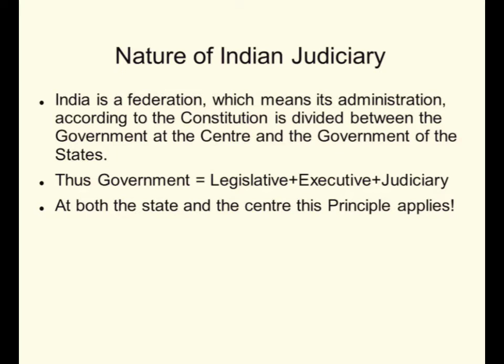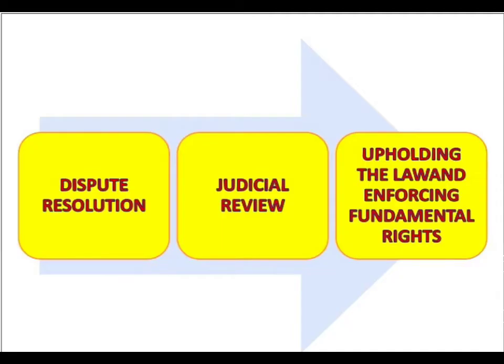It means that administration is according to the constitution and is divided between the governments at the center and the state level. Thus, government equals legislative plus executive plus judiciary at both the state and central level.